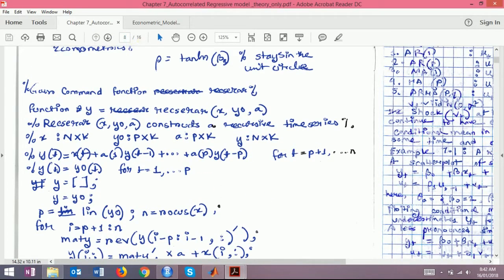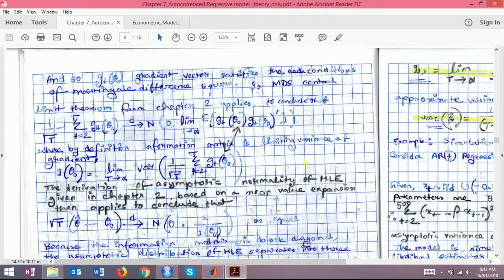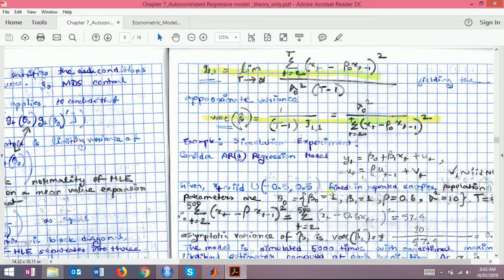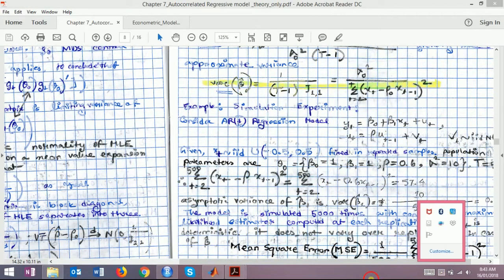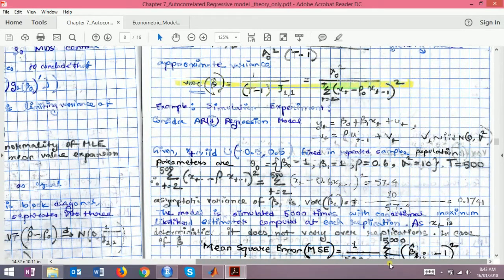So now the first problem that we intend to look into is this: simulating an AR1 regression model where y equals beta naught plus beta 1 x_t plus u_t, where u_t is rho u_{t minus 1} plus v_t. There is a uniform distribution that is fixed in repeated samples, and the parameter values are given.